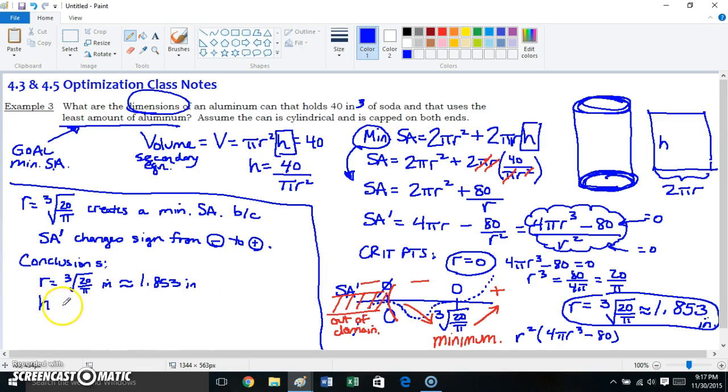And the height is 40 over pi times this cube root of 20 over pi squared.